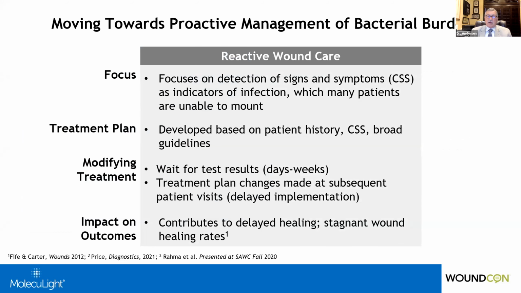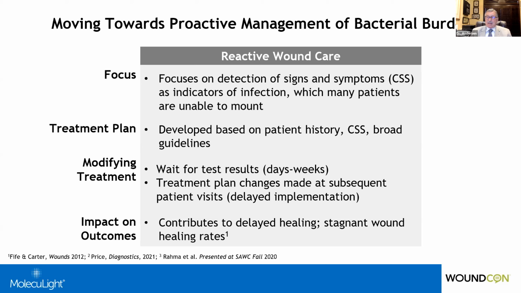So the reactive way that we deal in the wound care clinic in a traditional fashion with bacteria, we focus on clinical signs and symptoms as an indicator of infection. Many of our patients, unfortunately, don't mount that response until late, and certainly at the level of just colonization of 10 to the fourth, many times that is not evident clinically. Our treatment plan then becomes based on the patient's history, clinical signs and symptoms, and guidelines that we have.